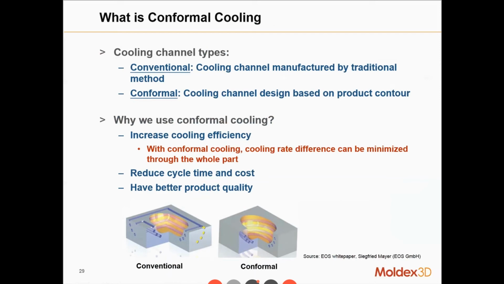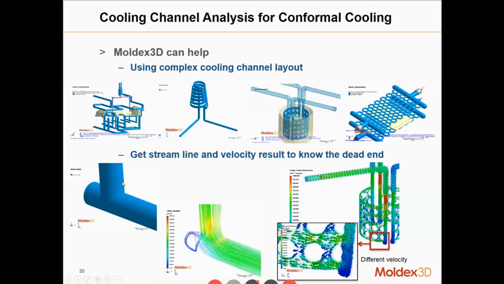The purpose of conformal cooling design is to make sure that the different cooling rate due to this distance issue is completely gotten rid of, or at least reduced to a minimum. Let's take two examples here, this one and this one.